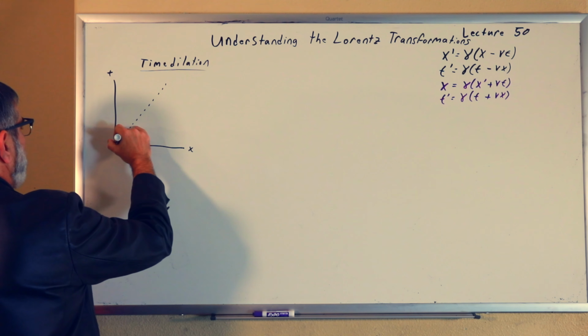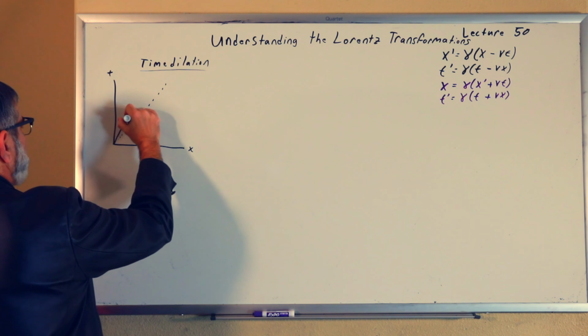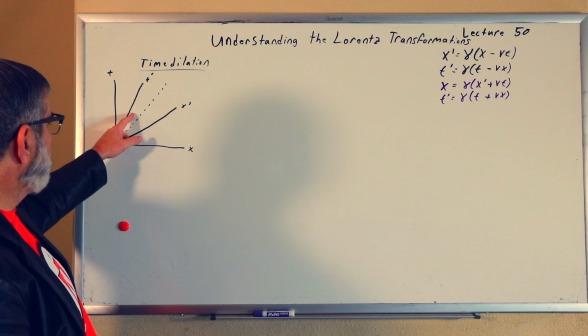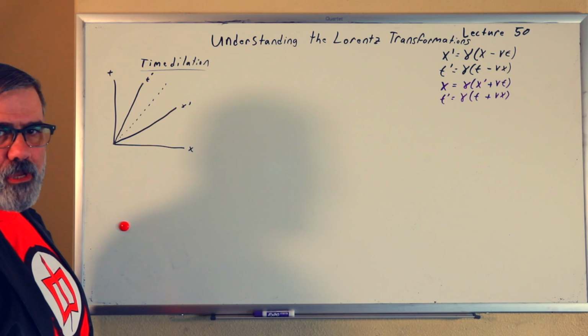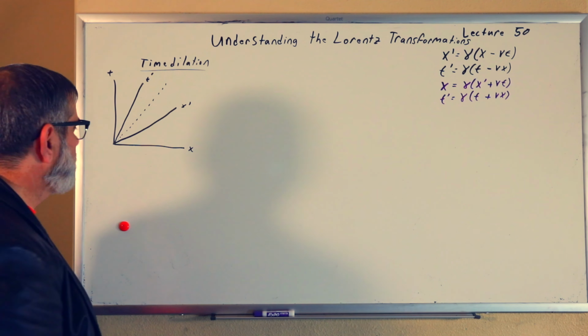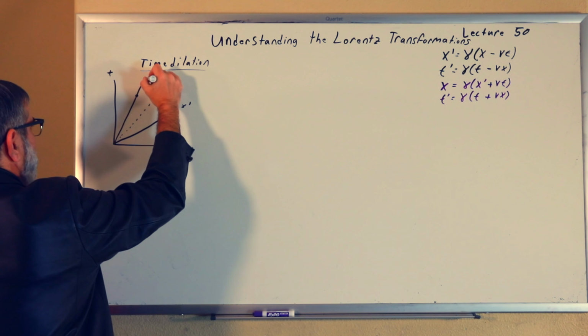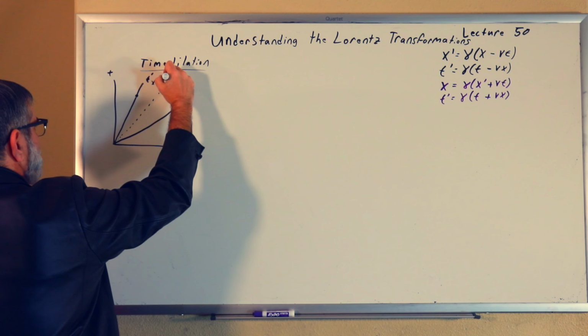And then we can draw in our t prime axis like this, t prime. And if we needed it, we could draw in our x prime axis like this, where the angle subtended is the same on both sides of the light line. And here's what I want to do. I want to put a clock on this, remember that this t prime axis is also the x prime equals 0 axis.